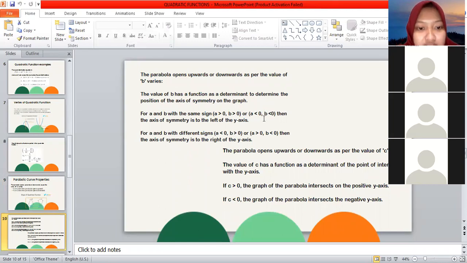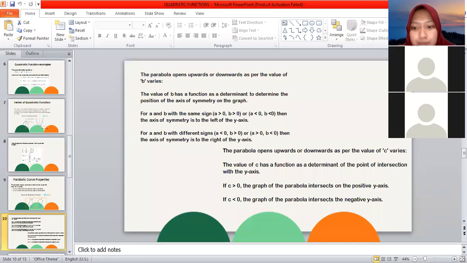For a and b with different signs, like this or like that, the axis of symmetry is to the right of the y-axis.